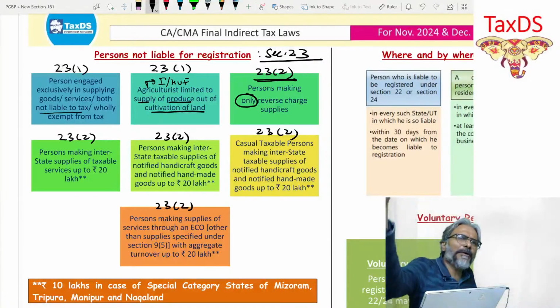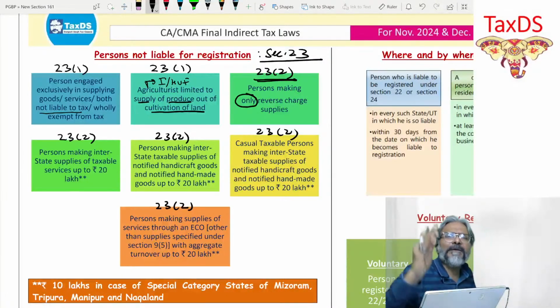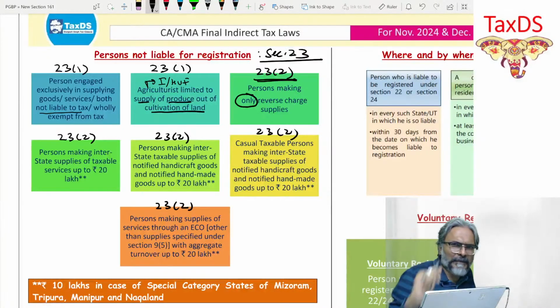It means you don't have any liability to pay. And if you don't have any liability to pay, why should I get you registered in the first place? Unnecessary harassment, students. You are doing only reverse charge supply, so you will not have any liability.